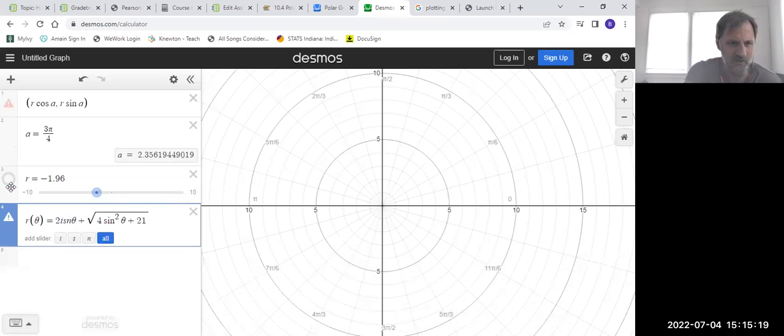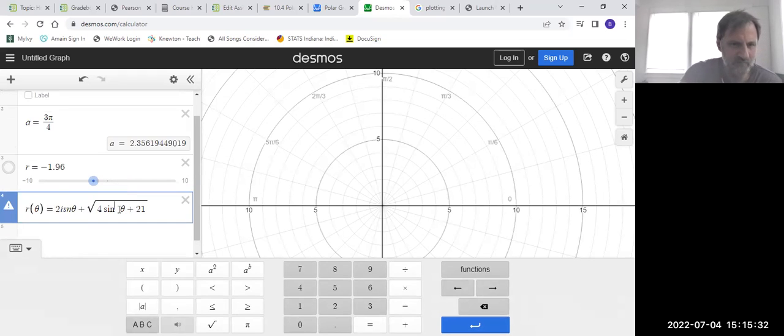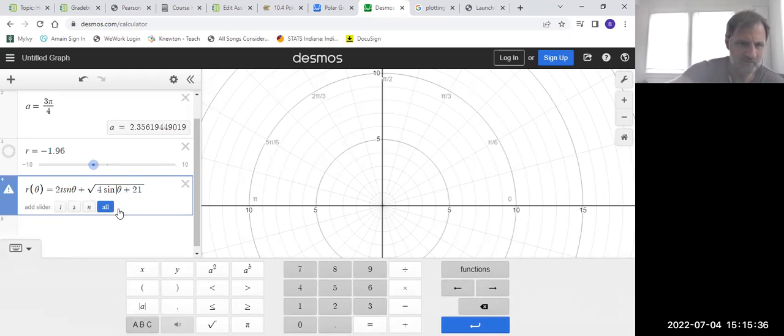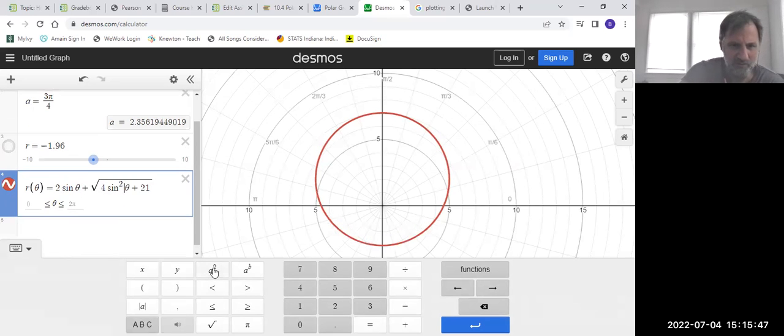Okay, and like that. Too many variables. Oh, because I spelled this wrong, sine theta. That's no problem at all. There we go.